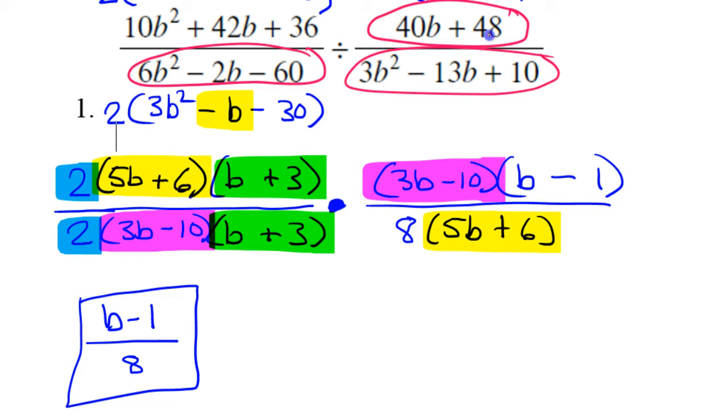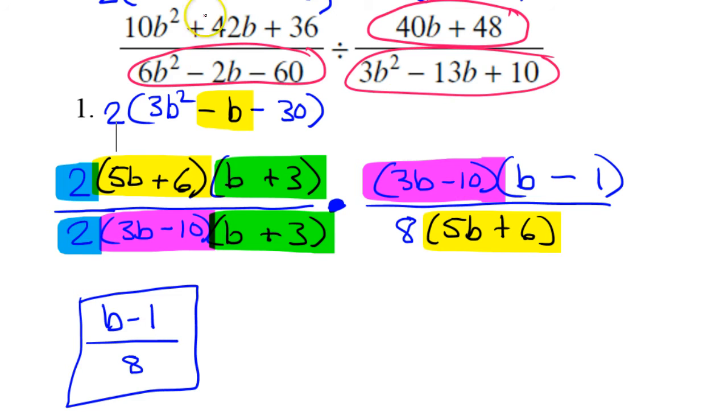And now this 4b plus 48, that's where this came from, which is now in the denominator. So when you're doing a division problem, you're going to look in these three places for your excluded values. Look in both denominators, of course. None of these can be equal to 0. But also this second numerator, none of these can equal 0 either.